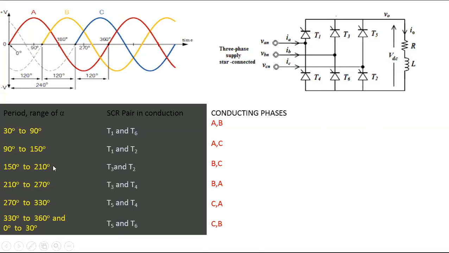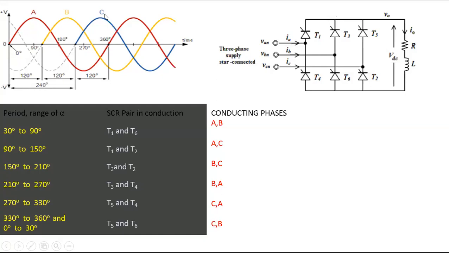Come on. What is the next explanation? Who will tell? 270 to 330. Tell me your name and answer. From 270 to 330, which waveform is occupying maximum space?